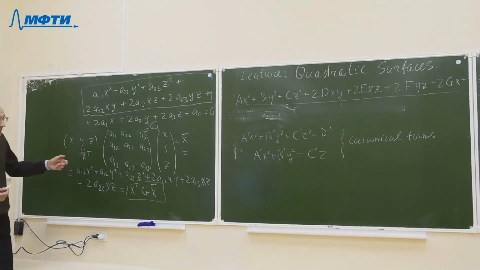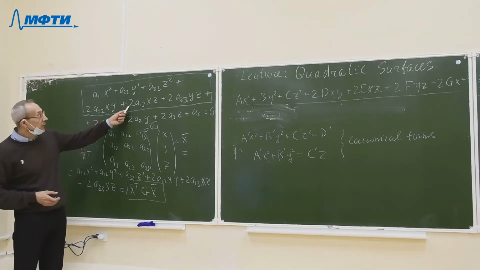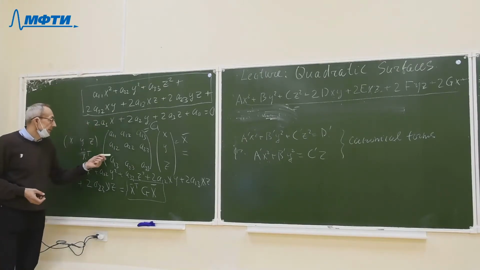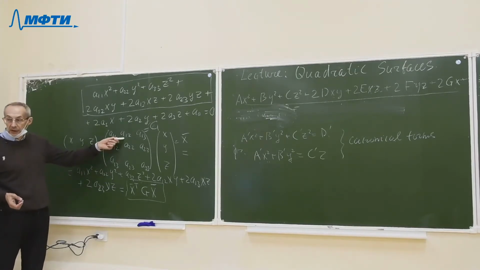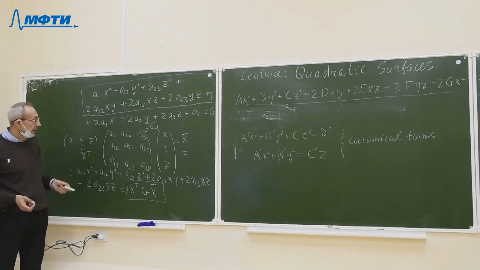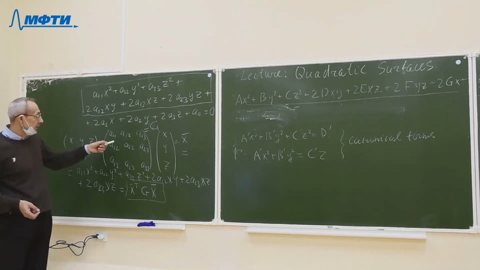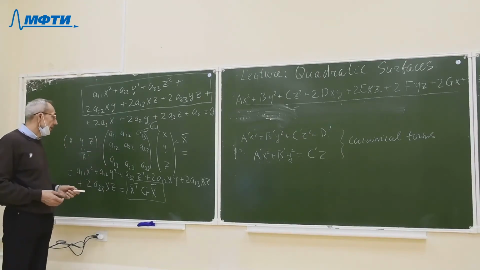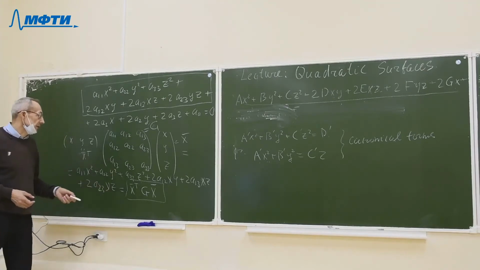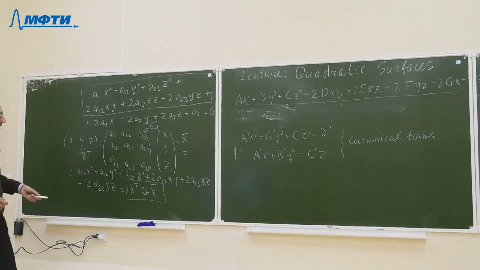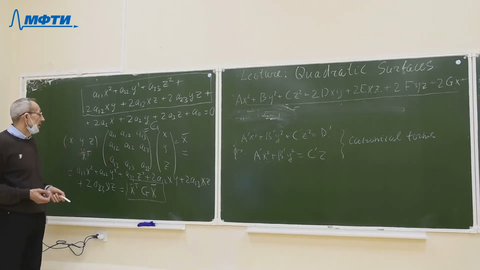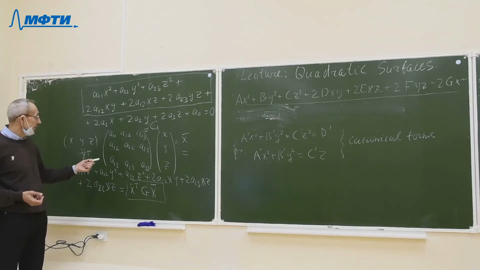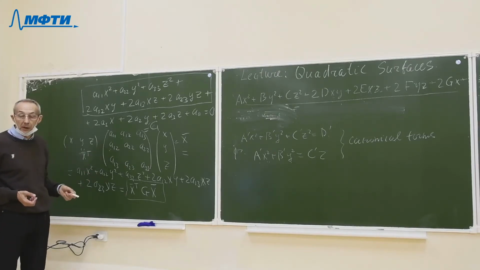And in the equation we have the coefficient 2 as a consequence of the fact that we have two matrix elements which are the same, and after multiplication of this matrix by these vectors on the left and right side, we obtain twice the same element a12 xy.